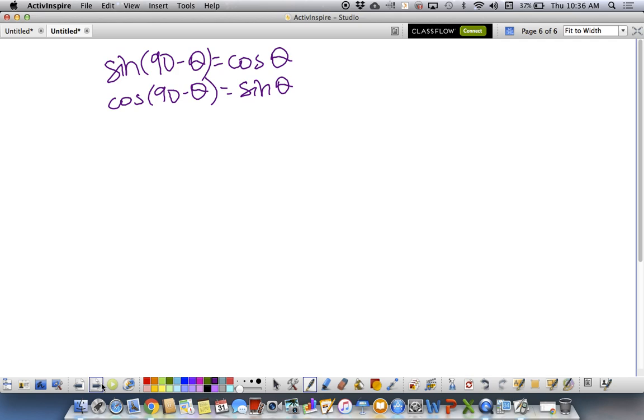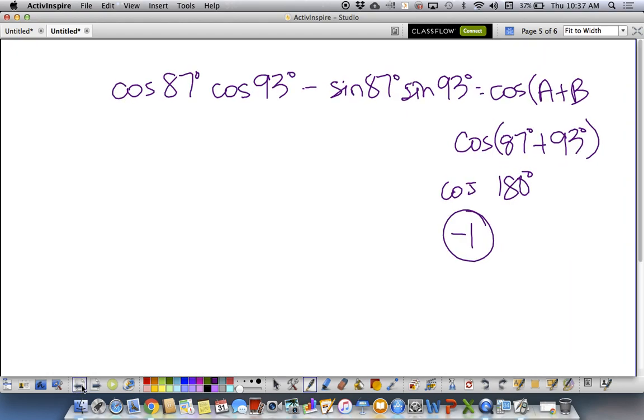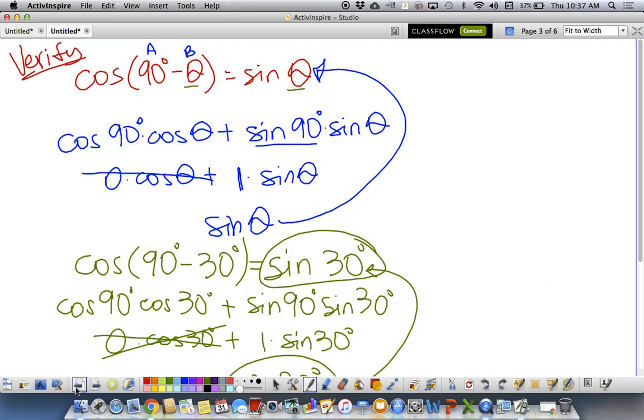These are just cofunctions. We just verified that cosine 90 minus theta actually equals sine theta. It's a cofunction.